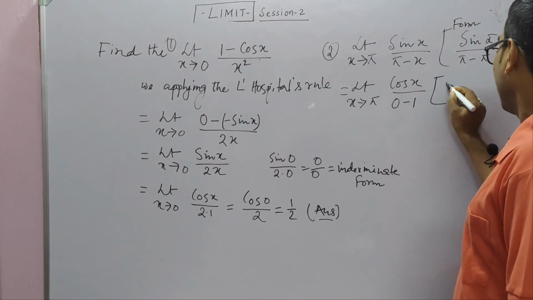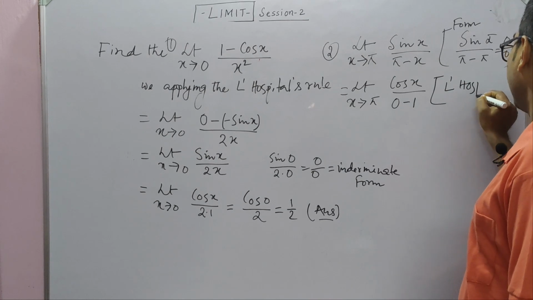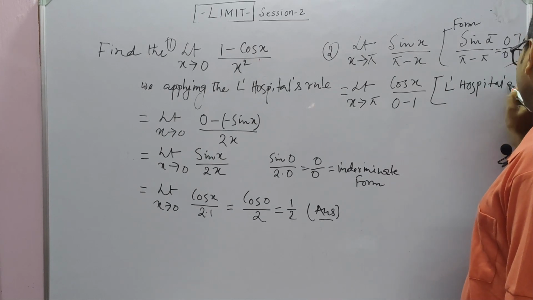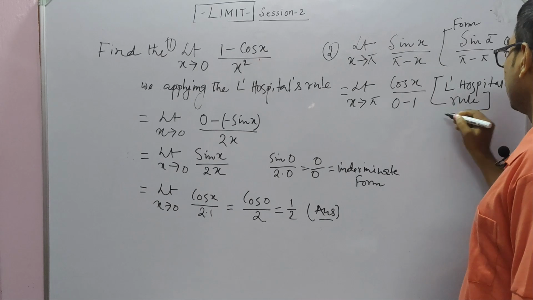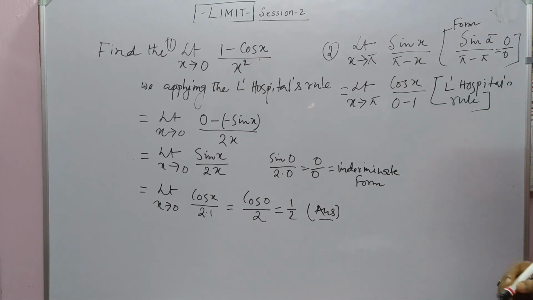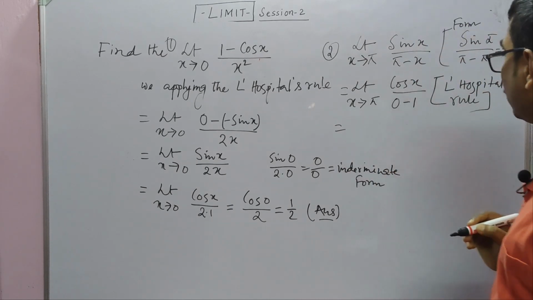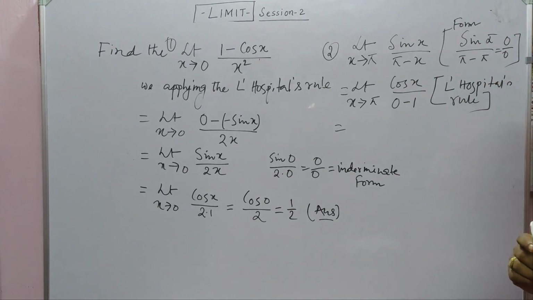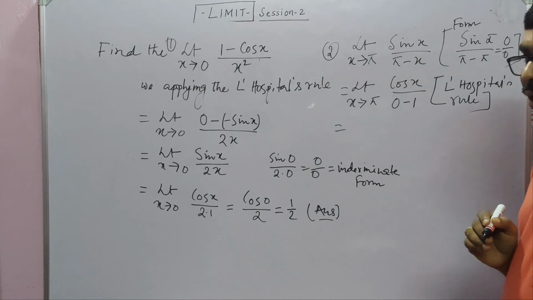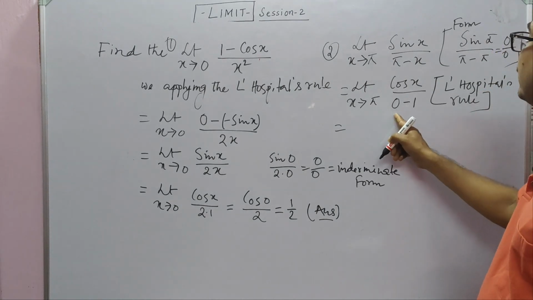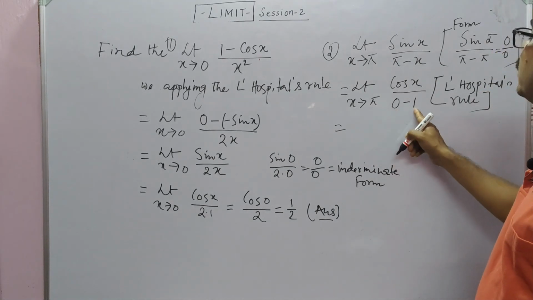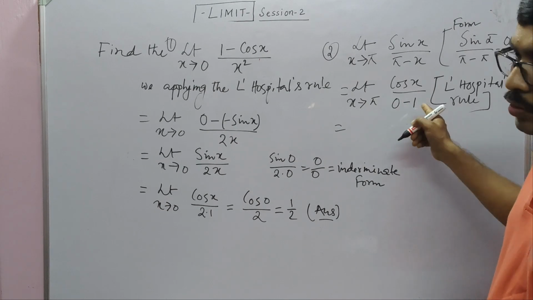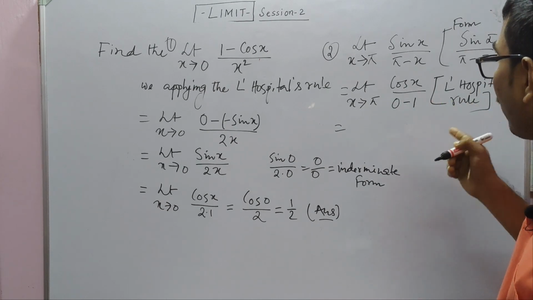So apply L'Hopital's rule. Next, put the values: the denominator is 0 minus 1, that is minus 1, g dash of pi is not equal to 0. So it is out of the indeterminate form.